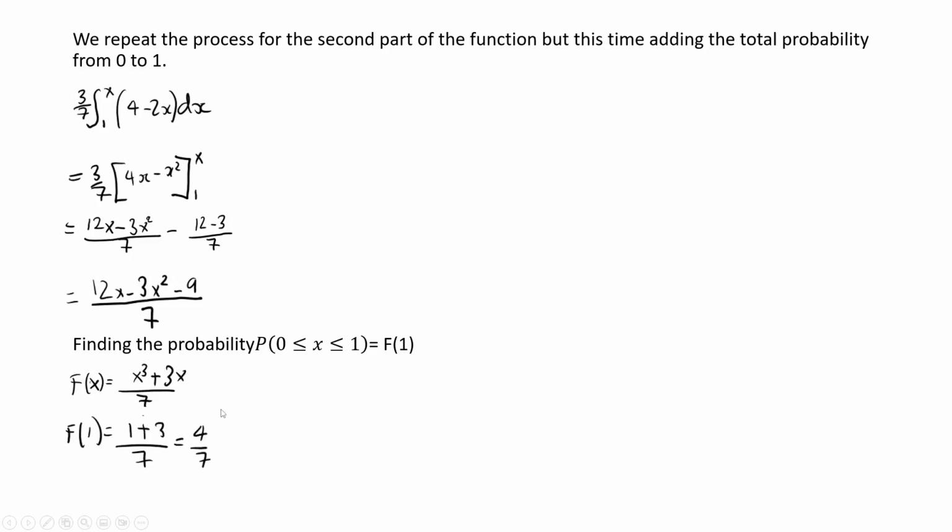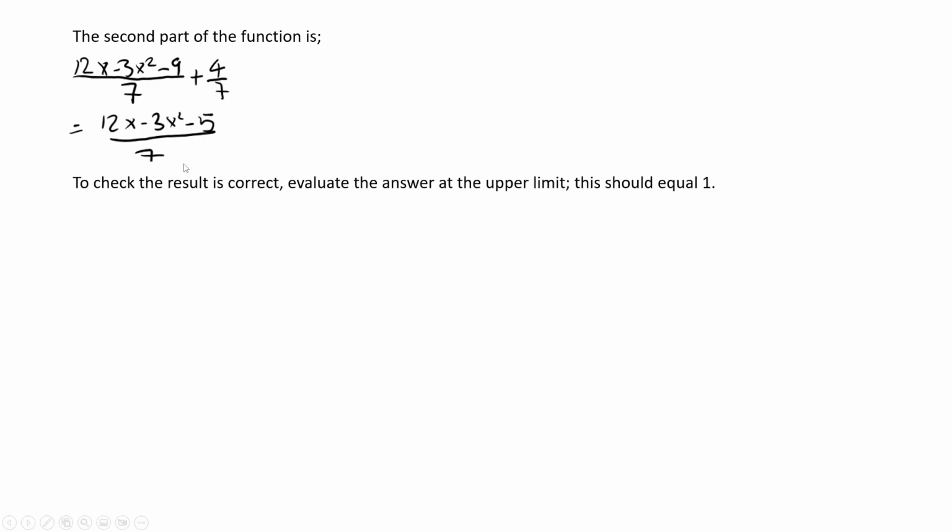You evaluate that at 1, it'll give you a probability of 4/7. You just add that on to your previous answer. So the second part of the function should be (12x minus 3x squared minus 9) over 7 plus 4/7. So eventually you should get to that answer there, (12x minus 3x squared minus 5) over 7.